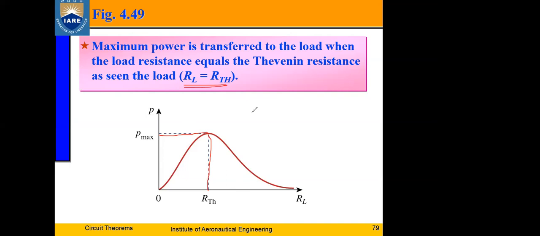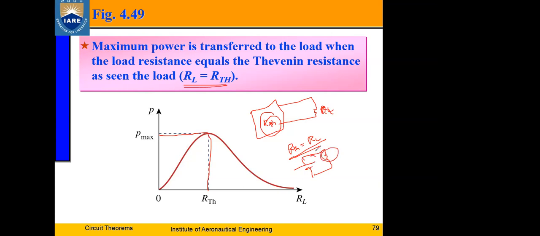Are you able to understand? If the resistance of the complex network is made equal to the resistance of this RL, if this is the network resistance, which I define with some other value, RTH, the equivalent resistance, and RTH is made equal to RL, then the maximum amount of power can be transferred from the source to the load.